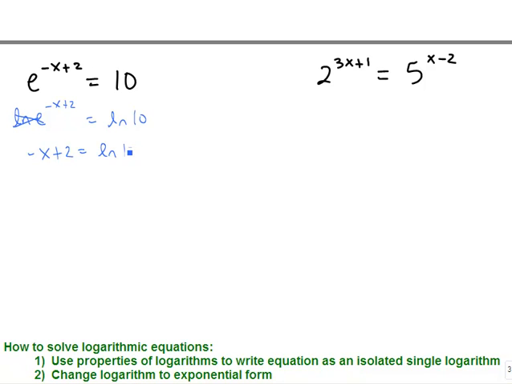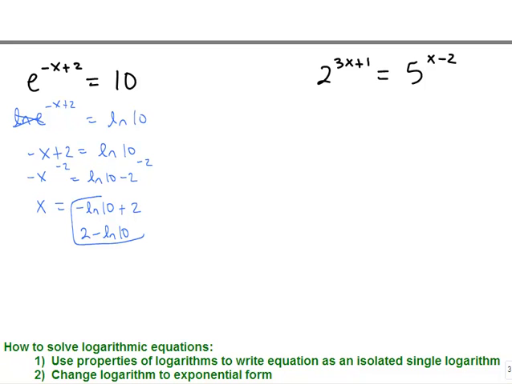And then to solve this for x, I could subtract 2 to the other side. And then I need to divide through by a negative 1 or multiply through by a negative 1, which just changes these signs. So the ln of 10 becomes negative and the 2 becomes positive. You can leave it like that. Most likely your textbook would not lead off with a negative. They would switch this order around and write it as 2 minus ln 10.